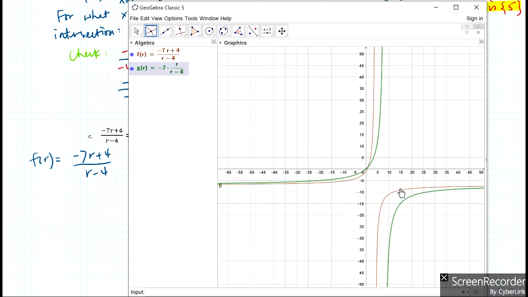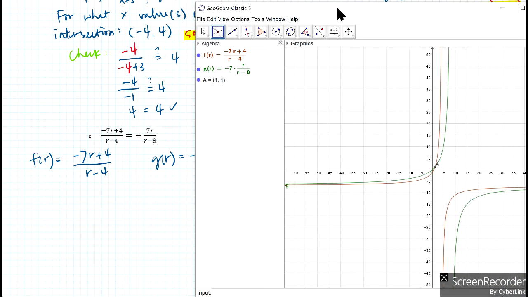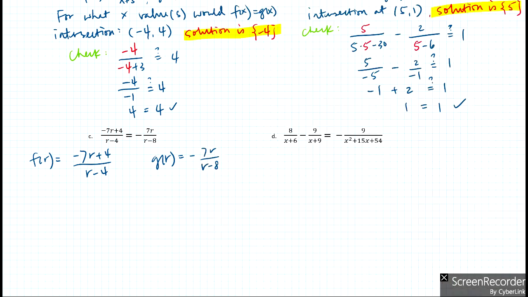So we see that there's an intersection, and I'm going to use the tool to find the intersection again, and we found the point of intersection will be 1, 1. GeoGebra should generally show any points even if it's not visible on the screen. And here we have the point 1, 1 at the intersection.